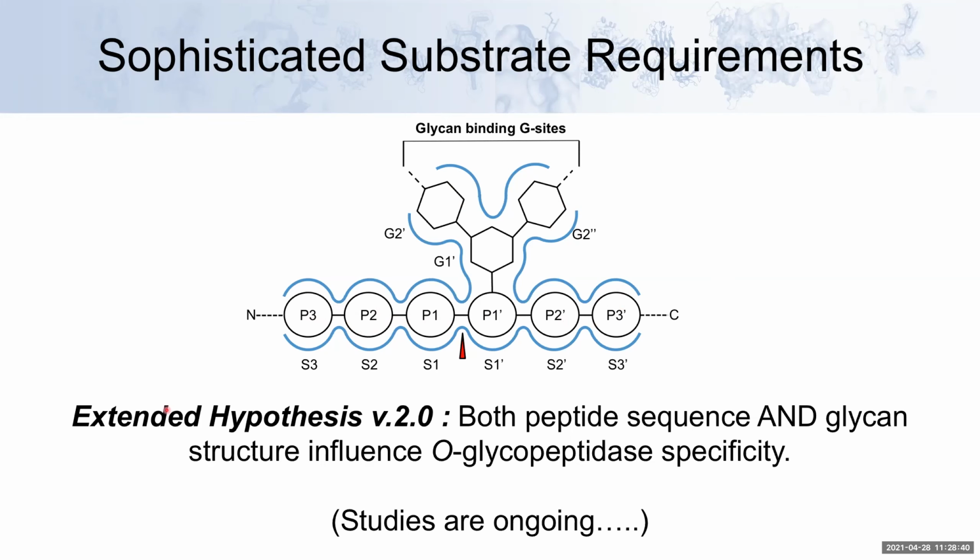It's because now we've had to revise our hypothesis that both peptide sequence and glycan structure influence O-glycopeptidase specificity. And so these studies are ongoing. We're working on designing higher throughput approaches to assay the enzymes, which would then assist in being able to tease out these things.